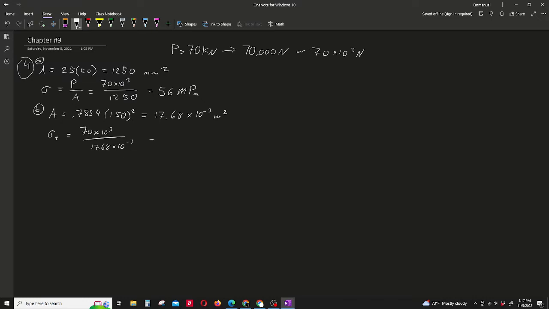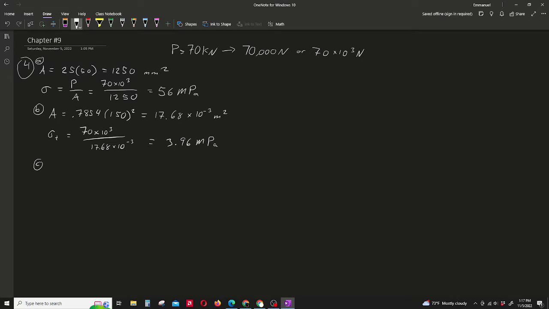And we get 3.96 times 10 to the 6 pascals. So I'm going to just round that up, 3.96 megapascals. And then lastly, for part C, they want us to do a 25 millimeter diameter steel tie rod.